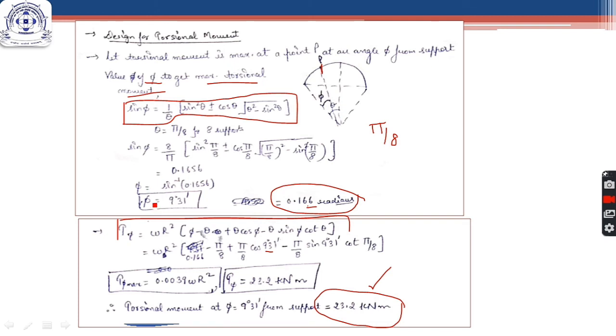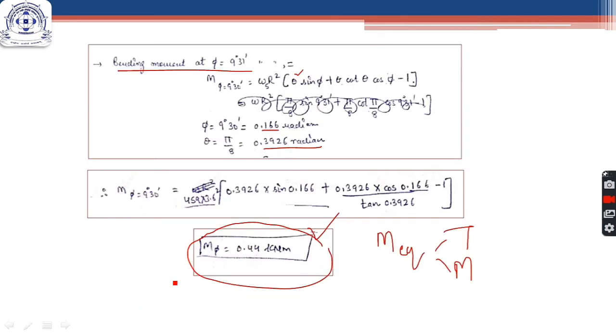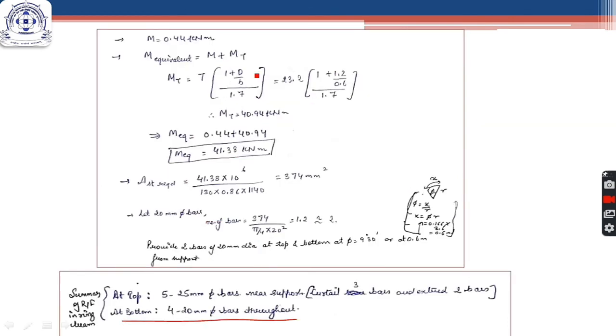Then we found out the maximum value of torsional moment. For that we first found out the location of the maximum torsional moment, and then we calculated the T5. Then we calculated the bending moment at the point of maximum torsional moment also, so that we can get the equivalent moment. The longitudinal reinforcement due to the torsional moment we get from this equivalent moment.